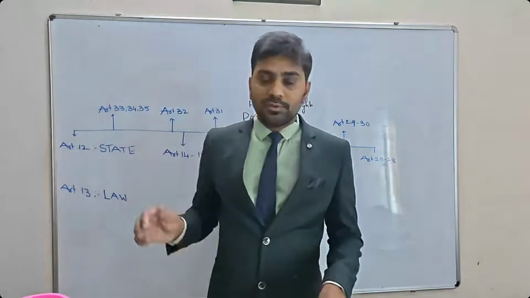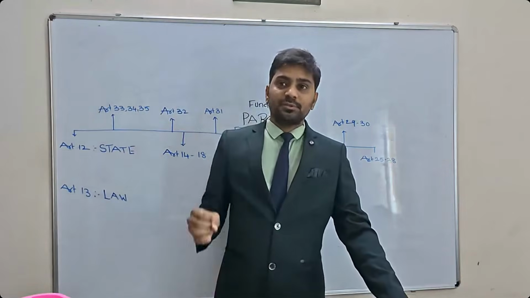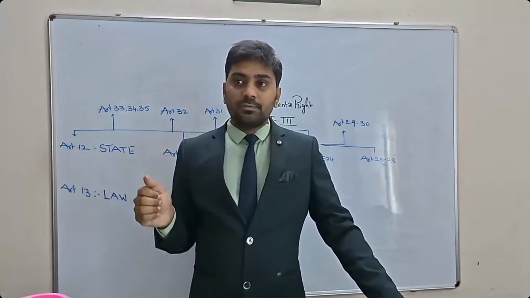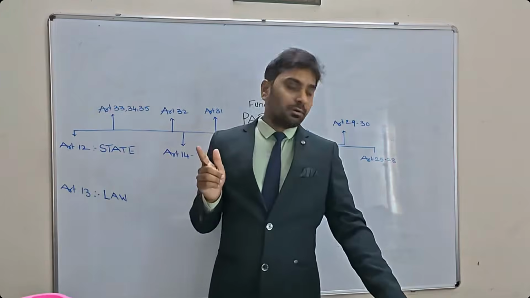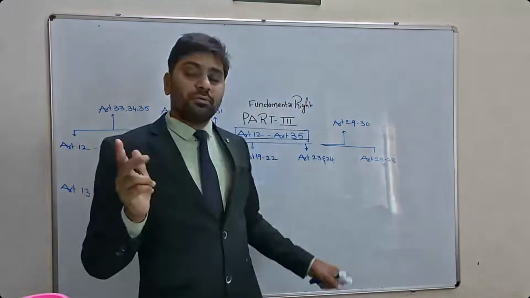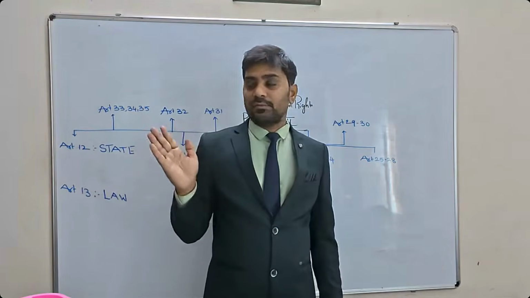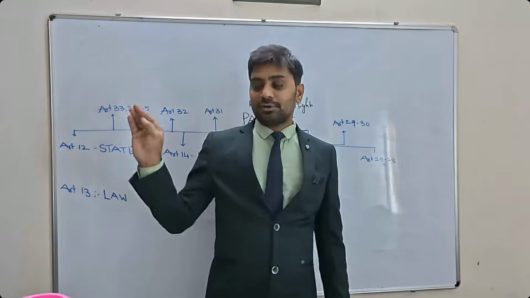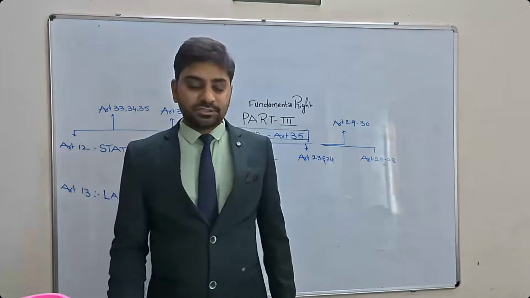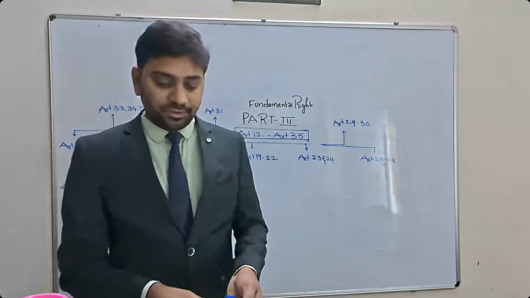Article 12 and 13 speak about the state and the law. Then Articles 14 to 18, 19 to 22, 23, 24, 25 to 28, 29, 30, 31 is separate, 32 again a fundamental right, and 33, 34, 35 are again restrictions on fundamental rights. You can consider that also. So these are the things that we have.